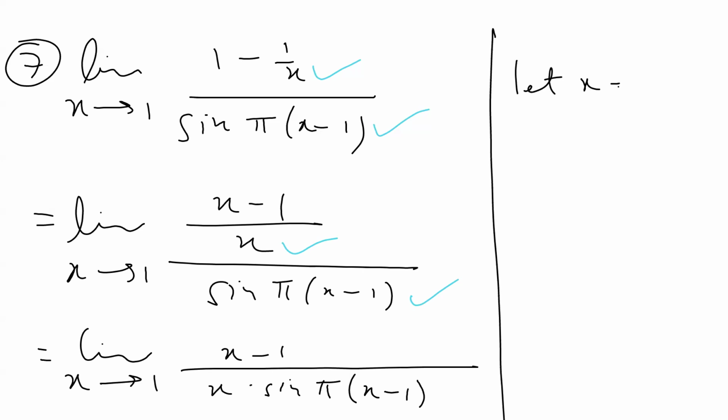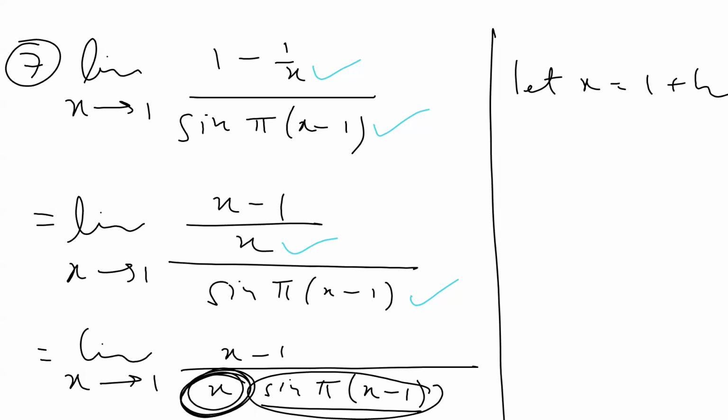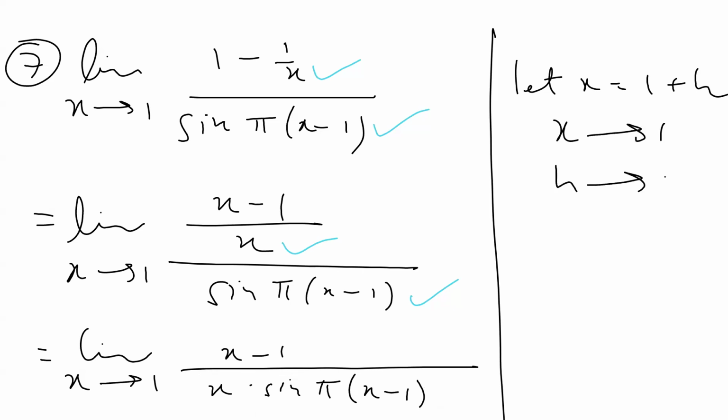Let x is equal to 1 plus h because we can't do anything else. You can multiply and divide this with pi x minus 1, but then what about this x? This x will remain, and if that is 0, then the denominator is 0. So change the limits. Let x is equal to 1 plus h.